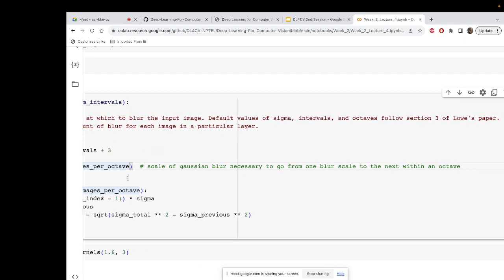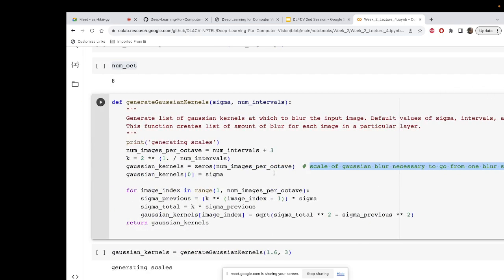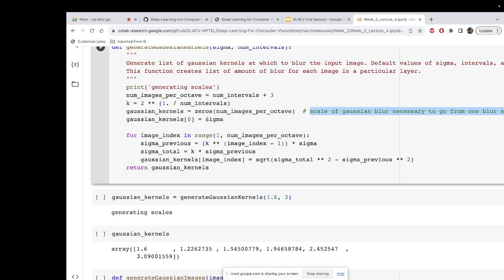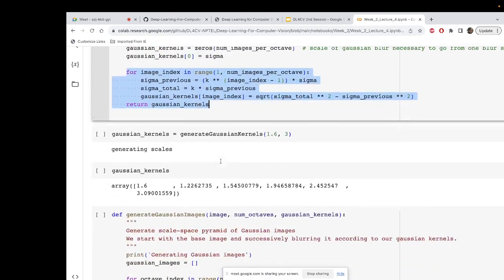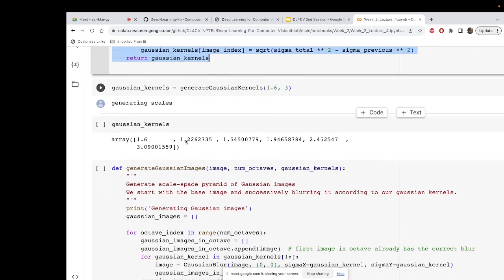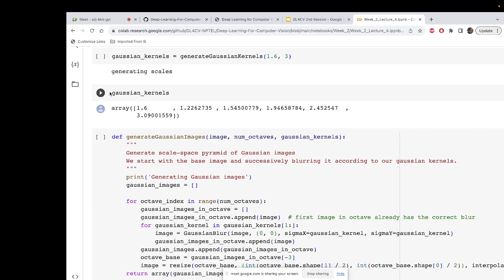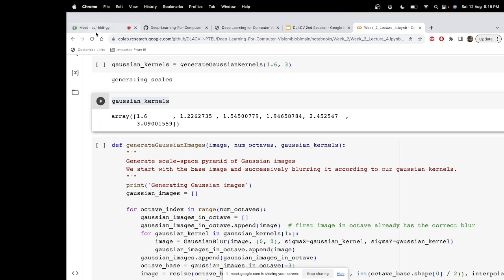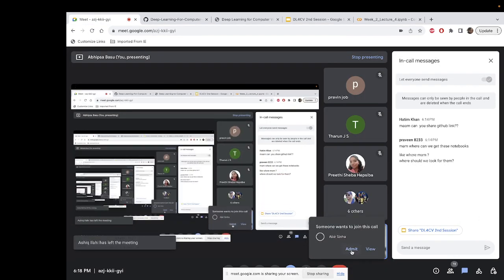It is given by the scale of Gaussian blur necessary to go from one blur scale to the next within an octave. The first one is given by the sigma itself, and then based on the formula taught in class, the next Gaussian kernels are generated. You can go back and have a look at these. These are the kernels that you get, basically the sigma values, from 1.6 to 3. Okay.